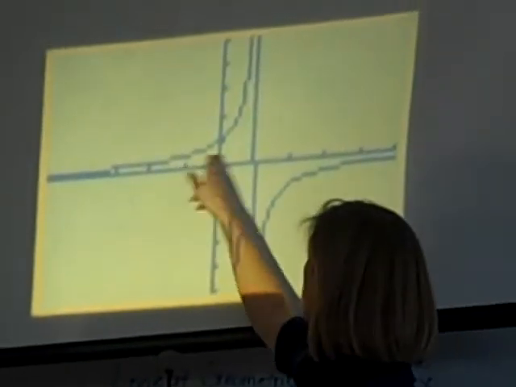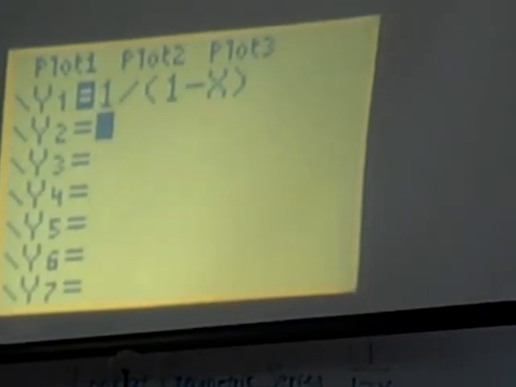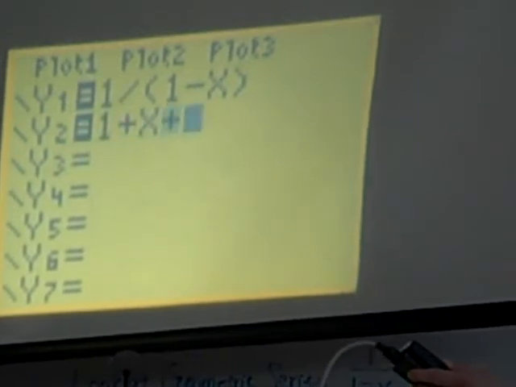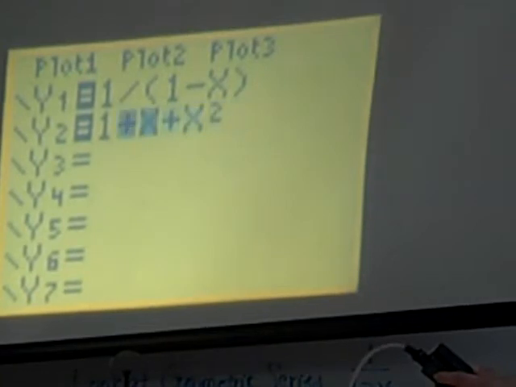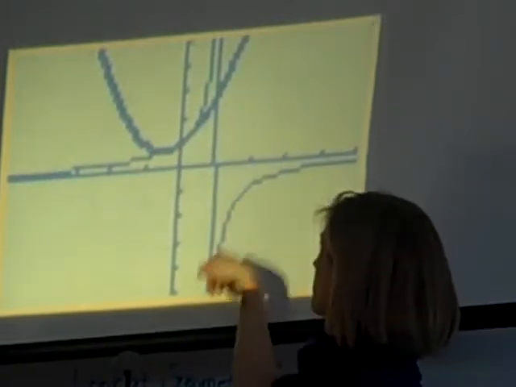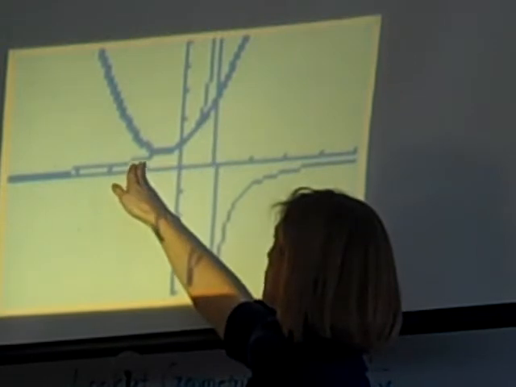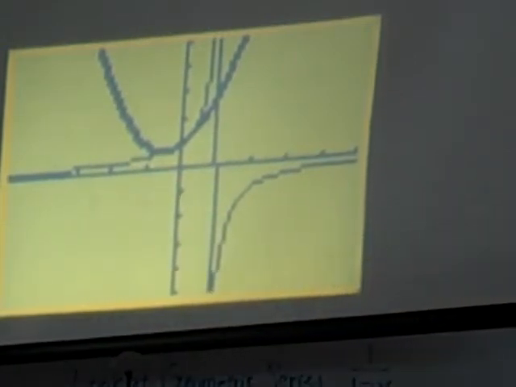Here's -1, here's 1. If I graph this series over here, and I'll just graph a bunch of the terms, I'll go 1 plus x squared. What I should look at is that the series and the function should match up from -1 to 1. And the more terms of the series that I give, the better the match should be.